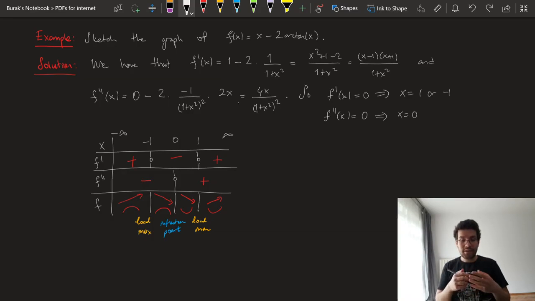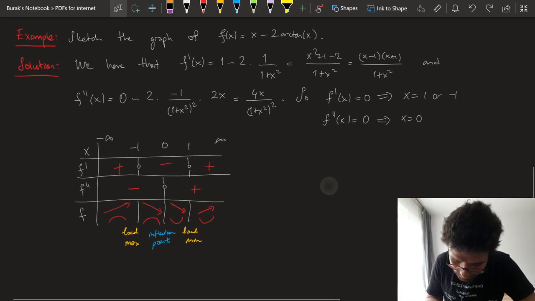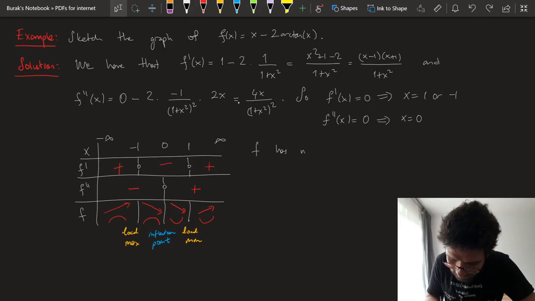The reason is this function is continuous everywhere. Its value at every point is a real number, so there can be no vertical asymptotes. So f has no vertical asymptotes, as it is continuous everywhere.